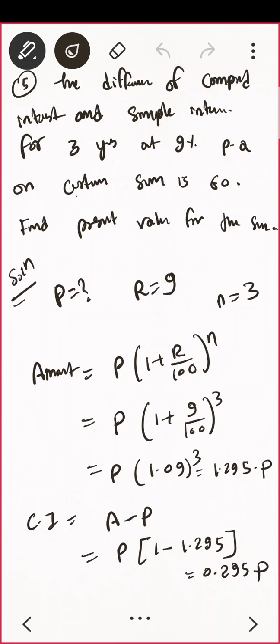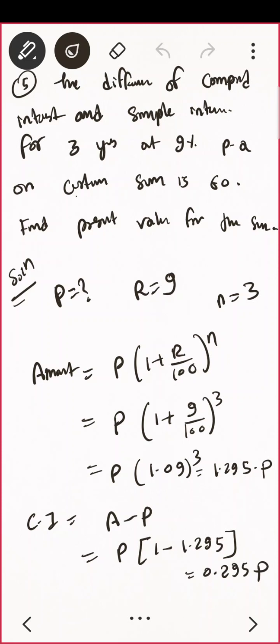So is that clear to you? This is how we will be solving if you have any problem of compound interest. This is how you should solve. Okay? Later on in the next class, maybe we'll do some more problems on compound interest.